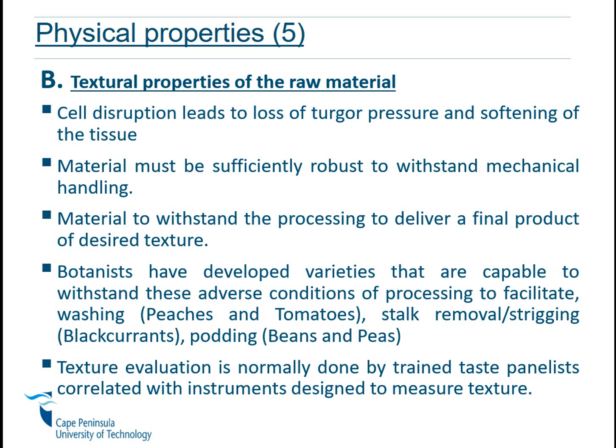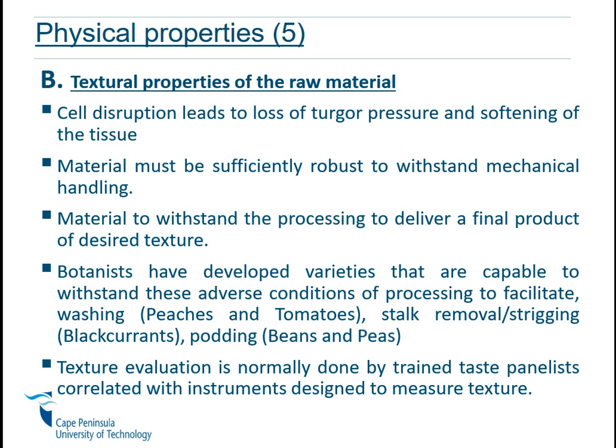So perhaps you might be asking, how do we then evaluate texture in food products? One of the things that we do is use a trained test panelist to determine the texture. So you call people to come and taste meat products, as you guys have done with the Russian salami.